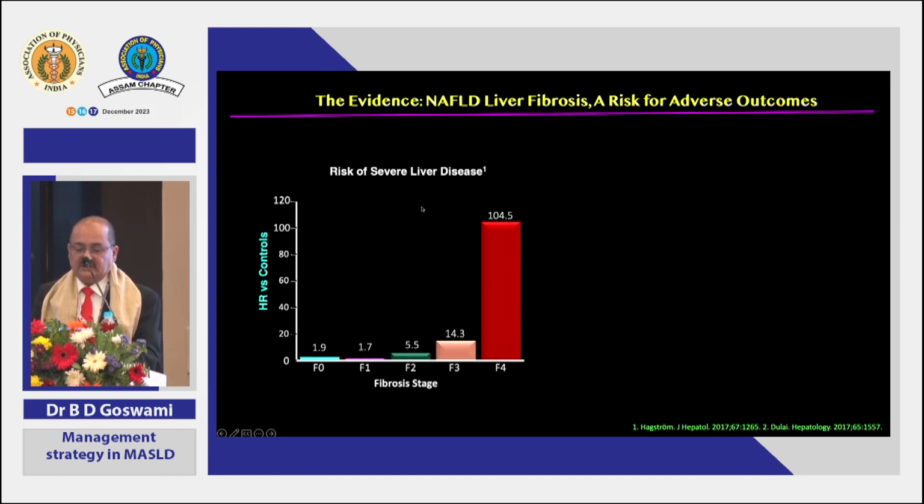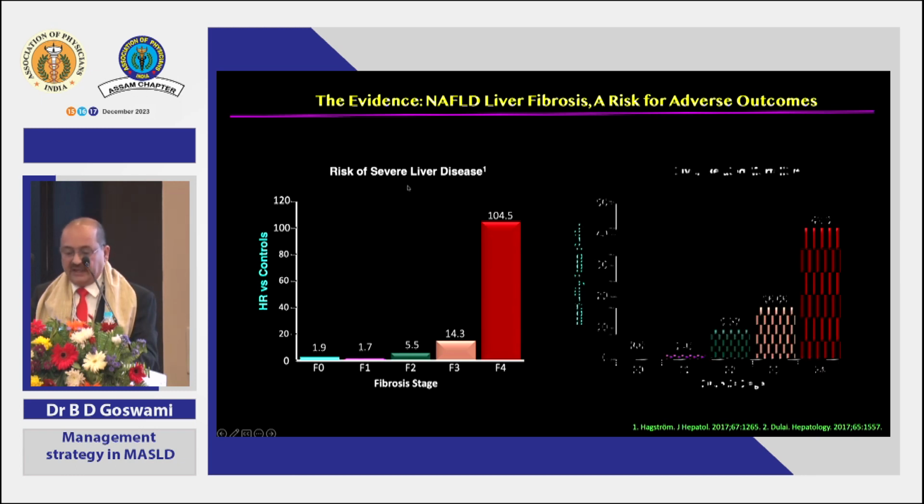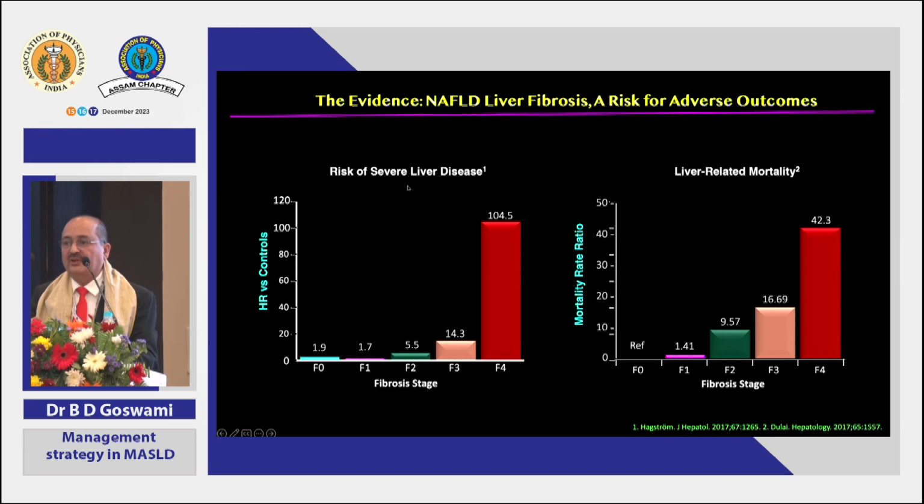This study shows clearly it increases with F1, F2, F3, F4. So as the fibrosis score goes on increasing, there is severe liver disease, and also high mortality with a high fibrosis score.